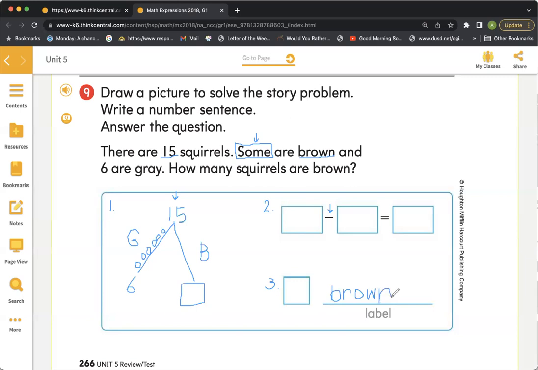So go ahead, pause and solve this problem. Remember 3 steps. First, draw a picture, then write the equation. Third, answer the problem, and don't forget the label. Pause to solve. Press play when you're ready to begin.